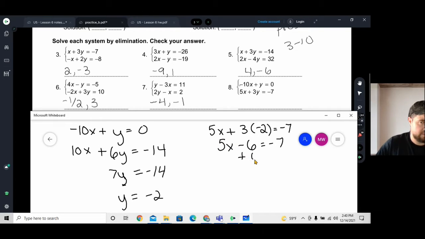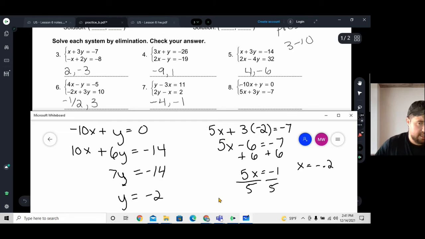I'm going to add 6 to both sides. 5x equals negative 1. Divide by 5. Divide by 5. X equals negative 0.2. We're going to see if that's true.